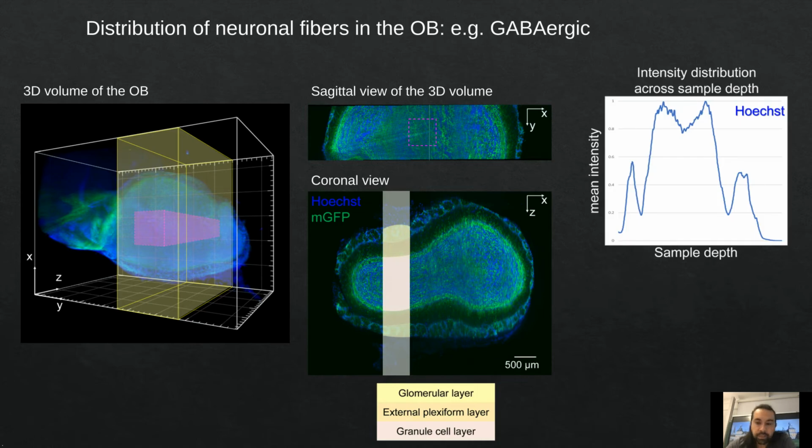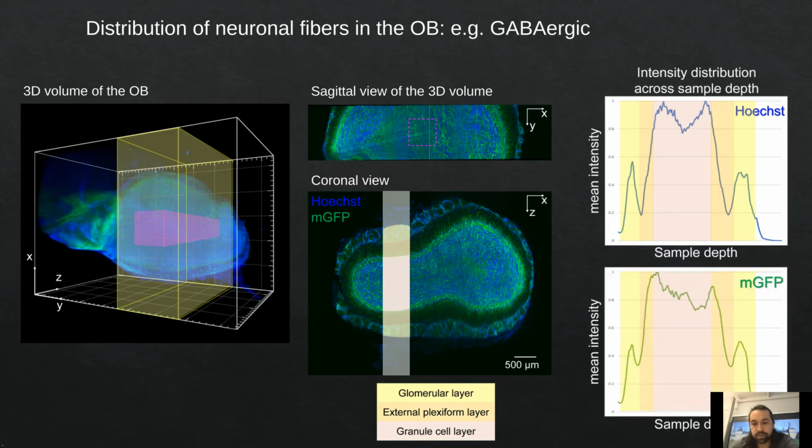For example, with the nuclear staining, we have this graph, where we can clearly identify these three different regions: the glomerular layer, the external plexiform layer, and the granule cell layer. And we can now apply that to the intensity in the GFP channel.